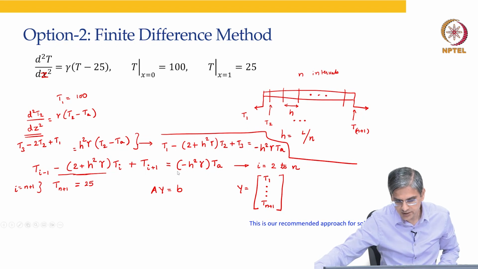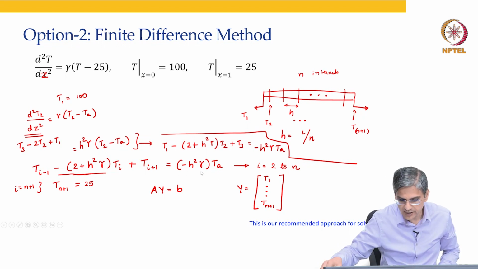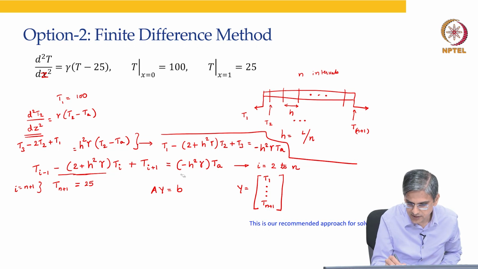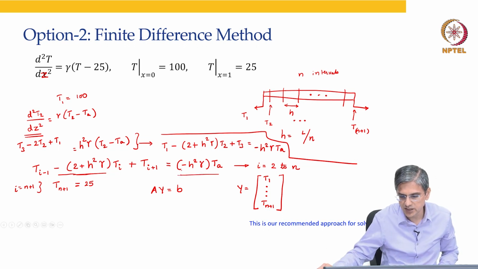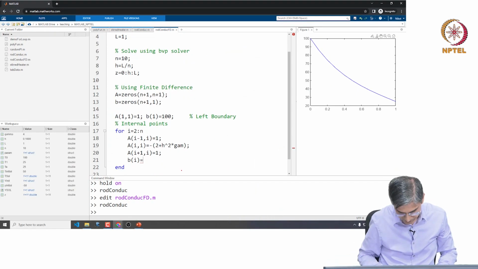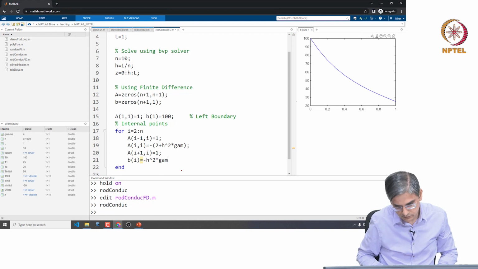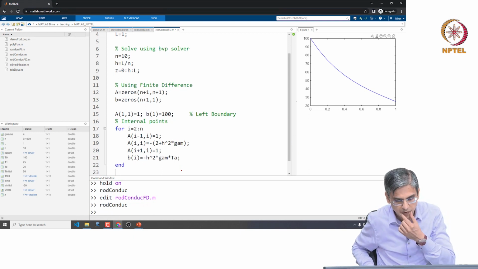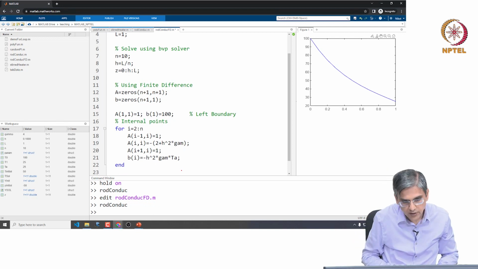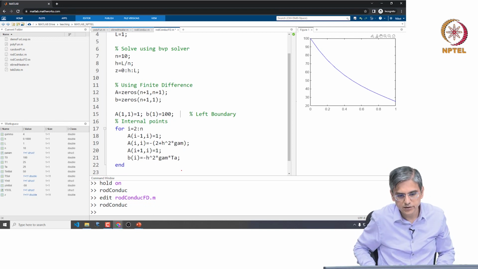Okay. What is the value of b i? B i is nothing but negative h square gamma Ta. Okay, and the right boundary.